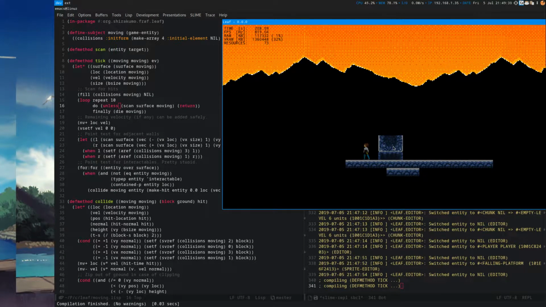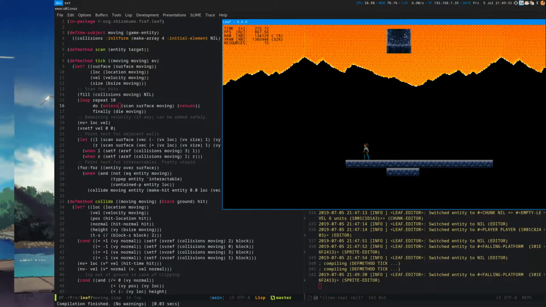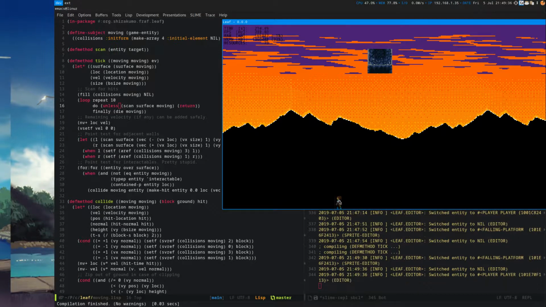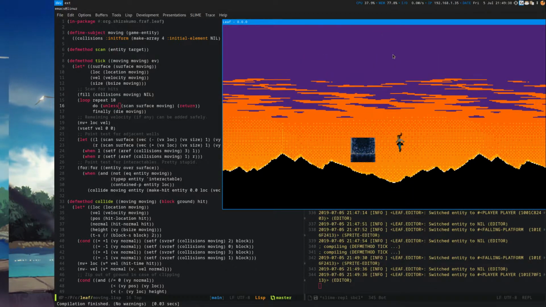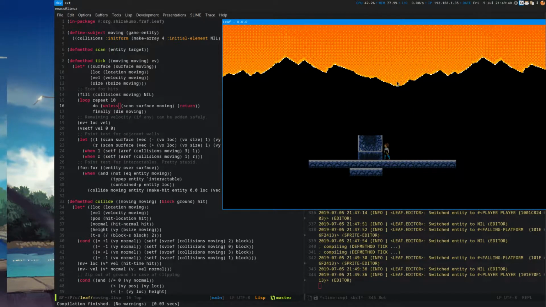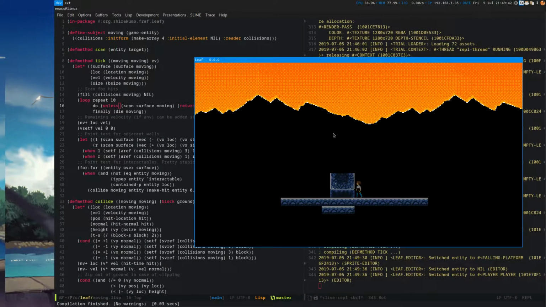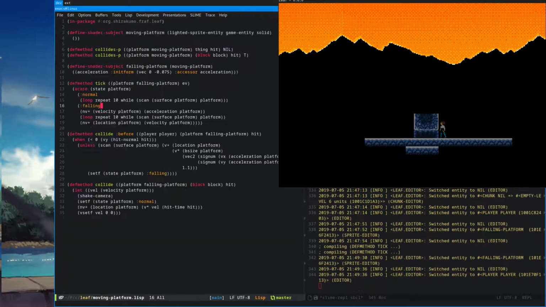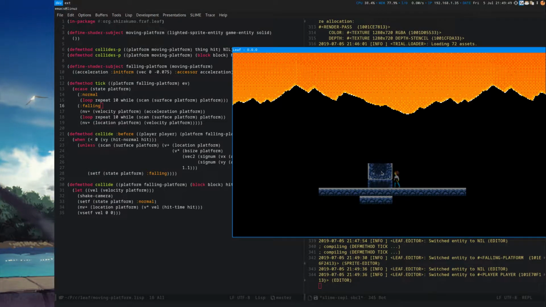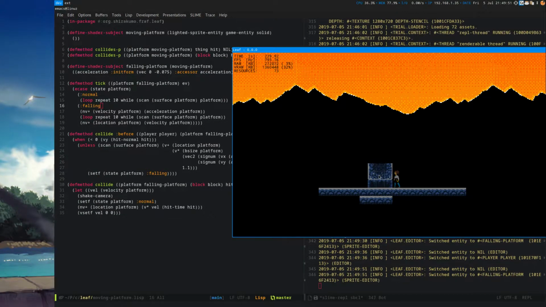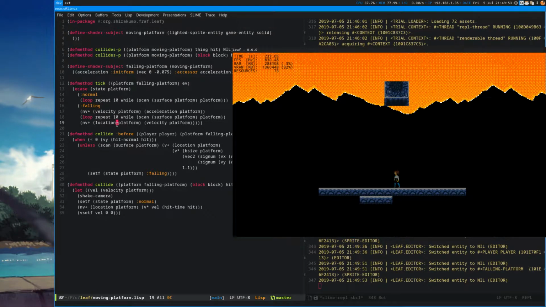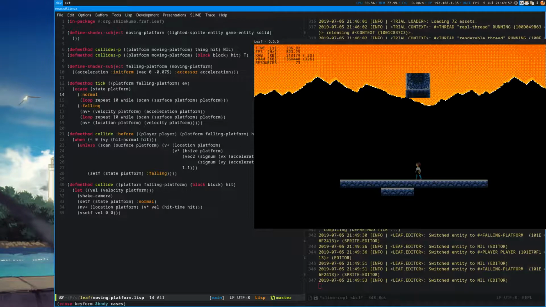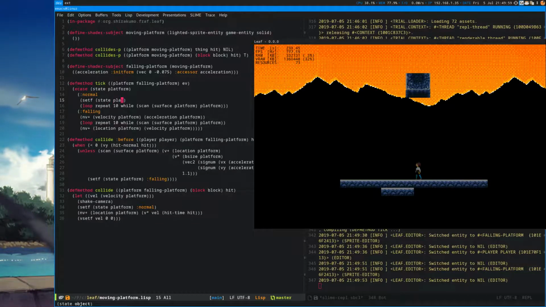Let's see, how do I make this the easiest? Ah, fuck, I was too slow. Moving. Let's just, set the state.